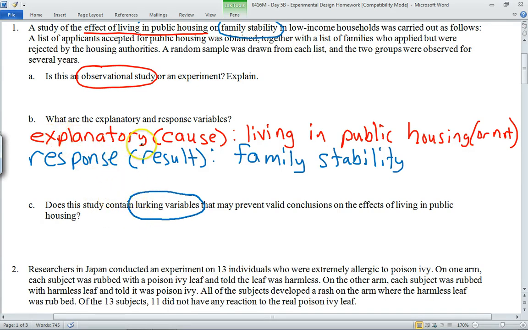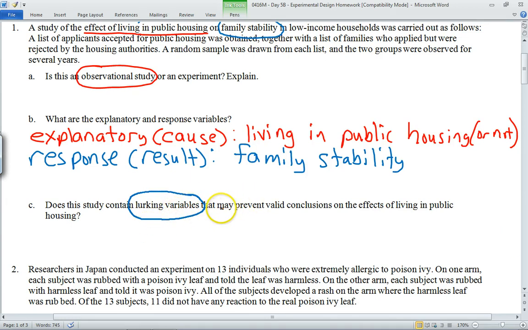They are not one of the explanatory variables that we are trying to evaluate. In this case, the only variable we're trying to evaluate, the only cause, is whether you're living in public housing or not. So if there are any other variables that might affect family stability, then those would be lurking variables.